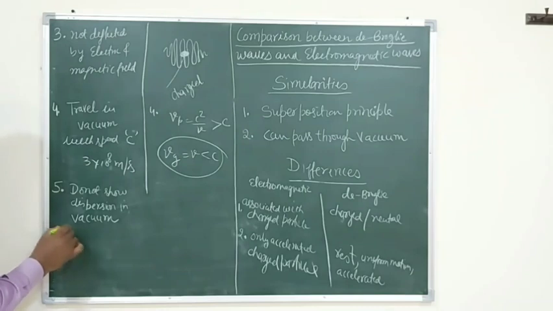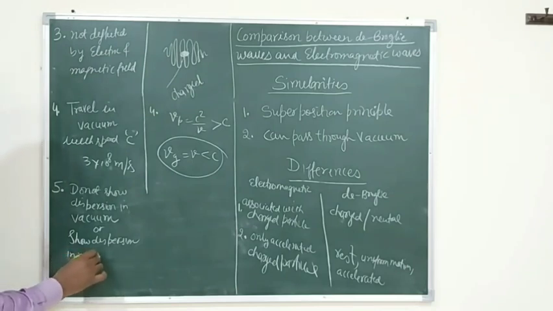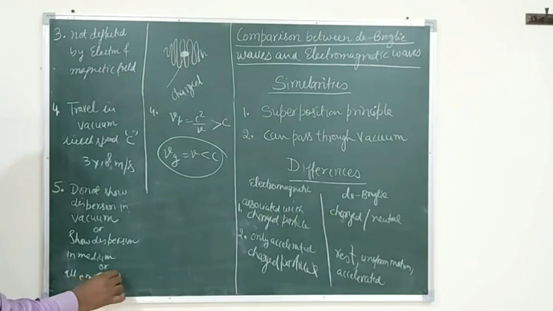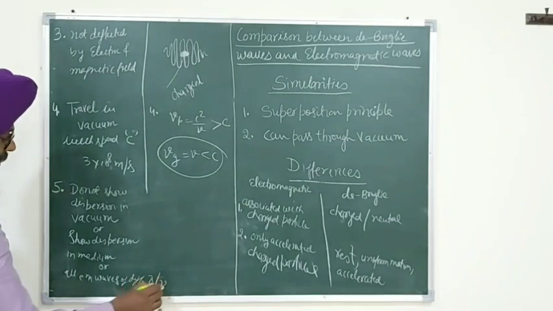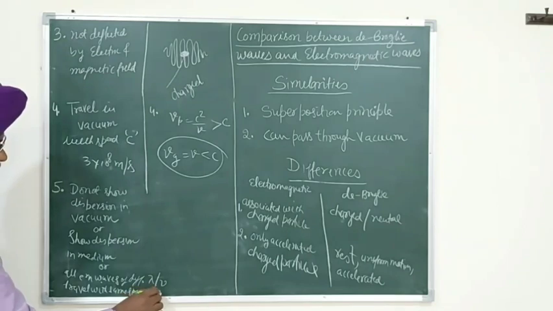They show dispersion in a medium only, or you can say all electromagnetic waves of different wavelengths or frequencies travel with the same speed in vacuum.